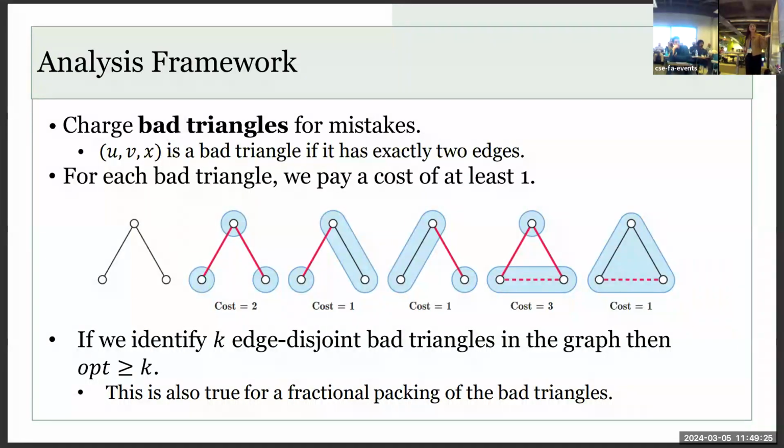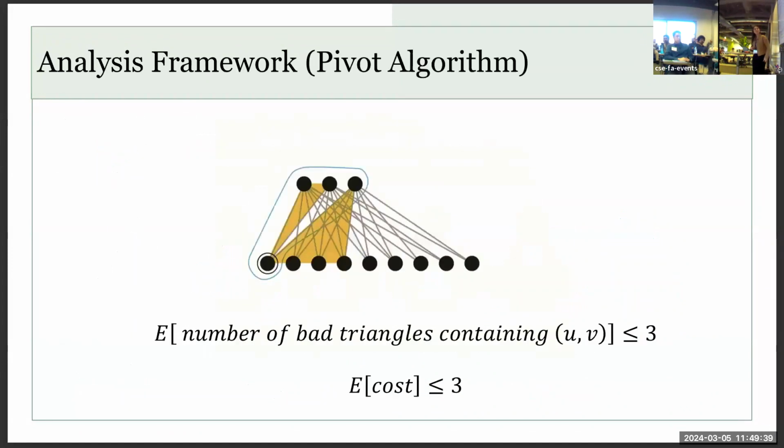So if we actually identify k disjoint bad triangles in the graph, then the optimal cost would be more than k, and this would also hold for the fractional packing of the bad triangles. For example, how the pivot algorithm would charge its cost is that in this example, we have to pay for the non-edges in the cluster.